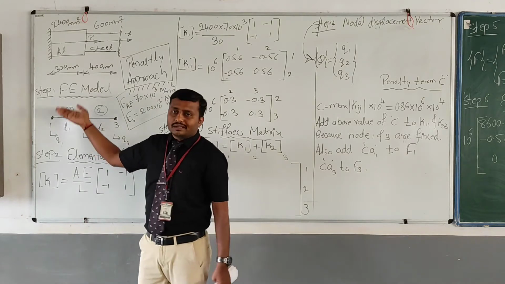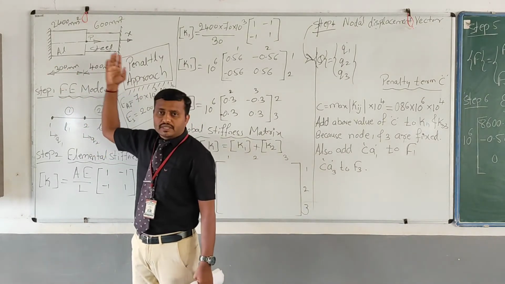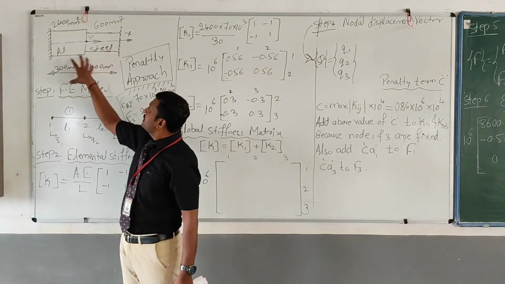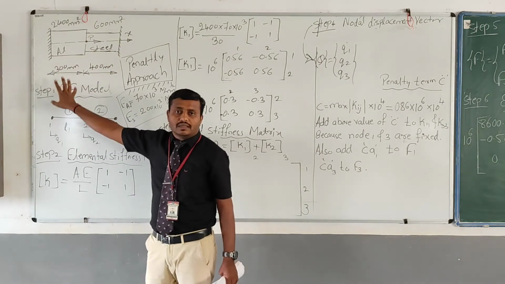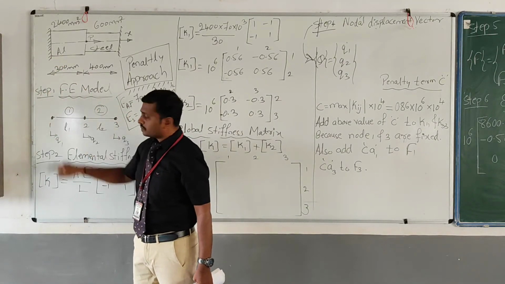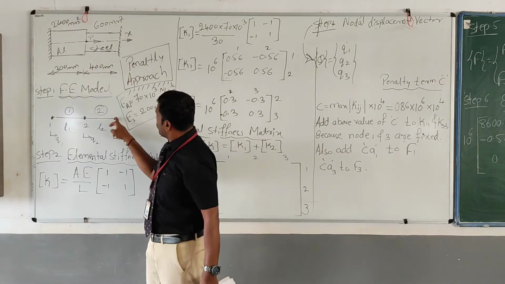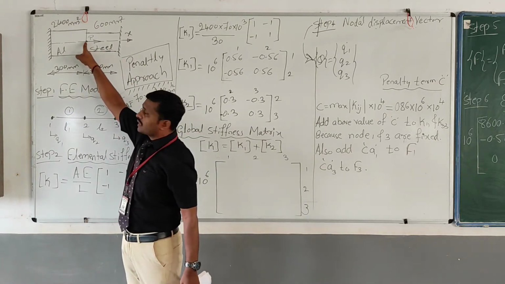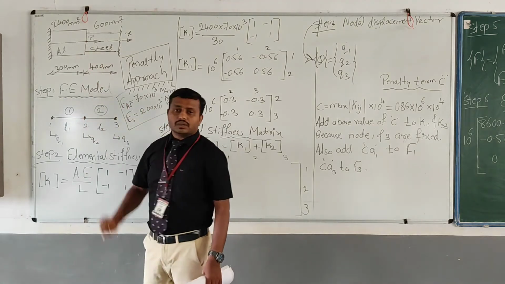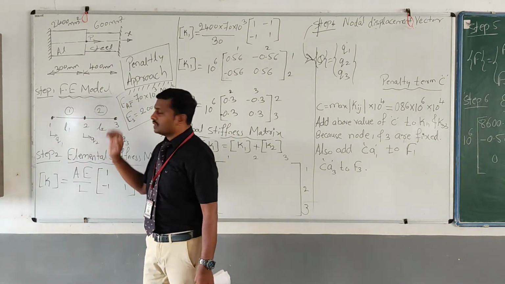We all know that at the extreme ends, if there is a change in cross section, or if a particular load is acting at a particular point, in that region we have to mention the nodes. So at this end I have taken one node, at this end one more node. Here there is a change in cross section, and at the same place a load is acting. So here I have taken one more node. In total there are 3 nodes.